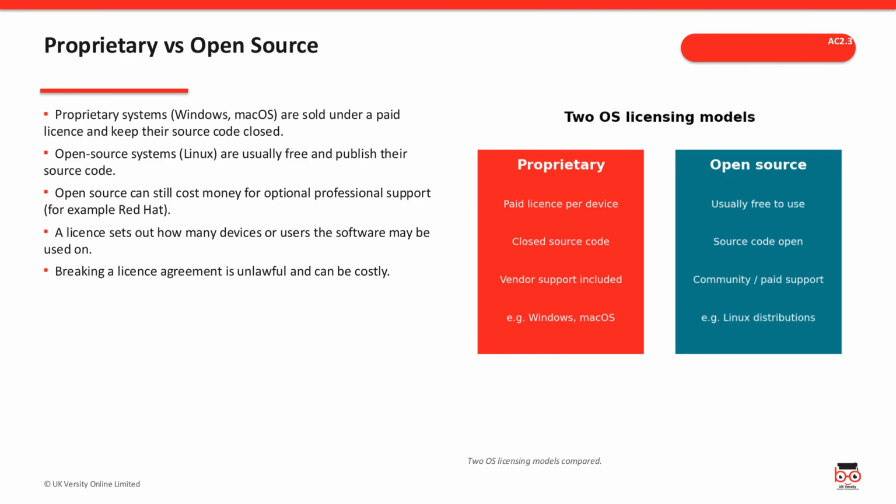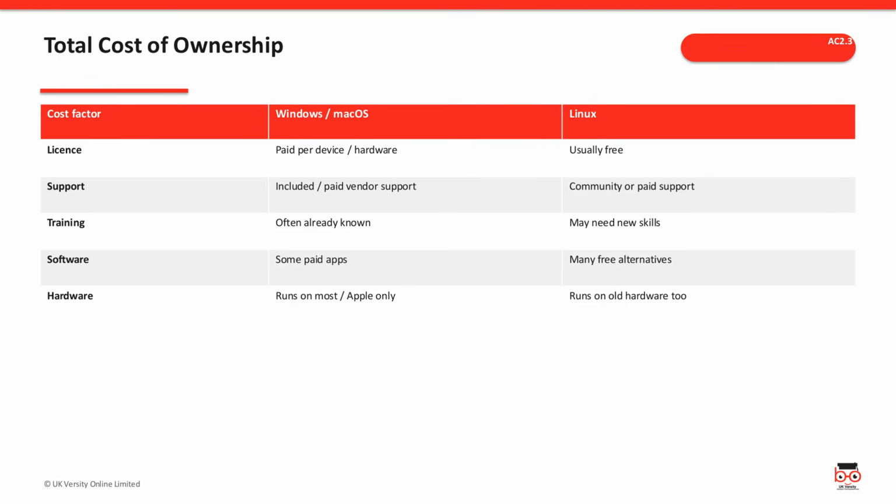And do take the license seriously. It sets out how many devices or users the software may run on, and breaking that agreement is unlawful and can prove expensive. The smart way to compare is by total cost of ownership, not just the sticker price.